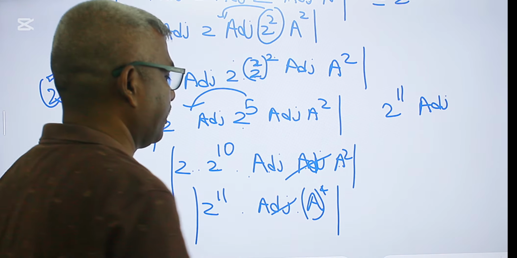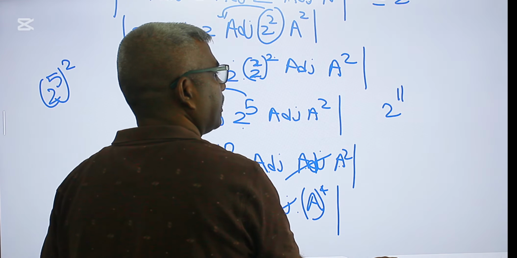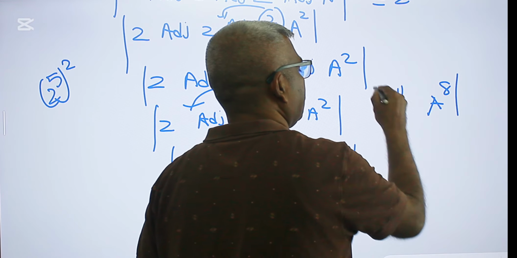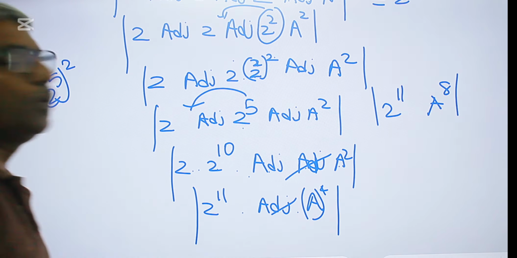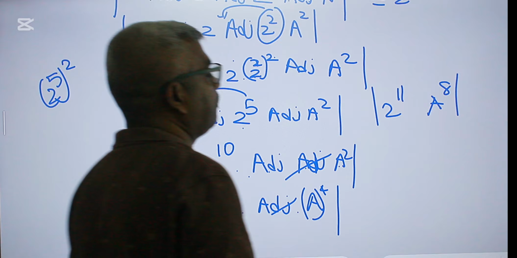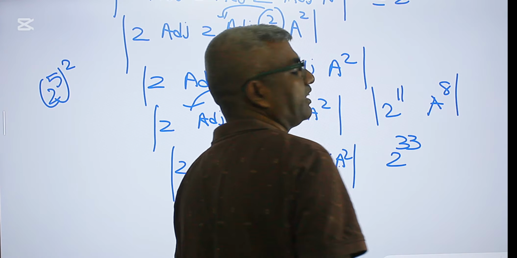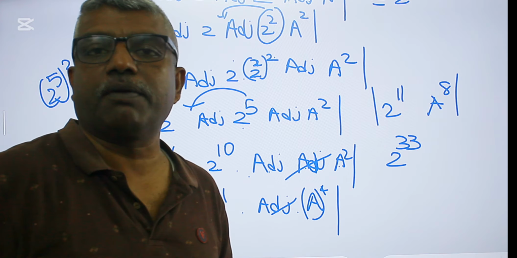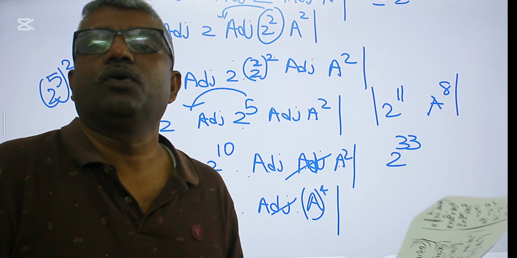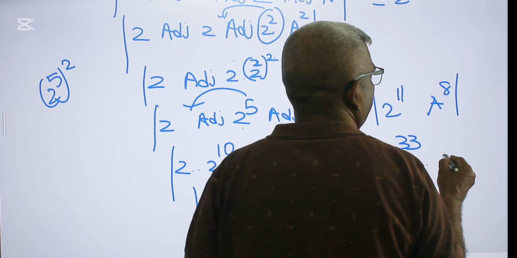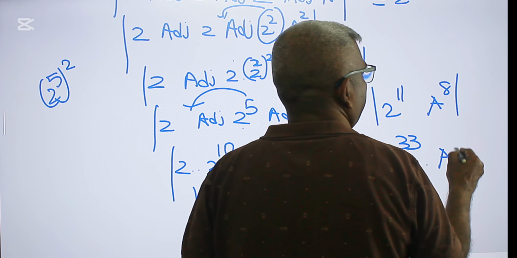This adjoint if I remove, I should not keep it here. A power 8. Okay. 2 power 11, if I take it out, what will happen? 2 power 11 cube, 2 power 33. Anything you take out from the determinant, you have to cube it. 2 power 33, A power 8.